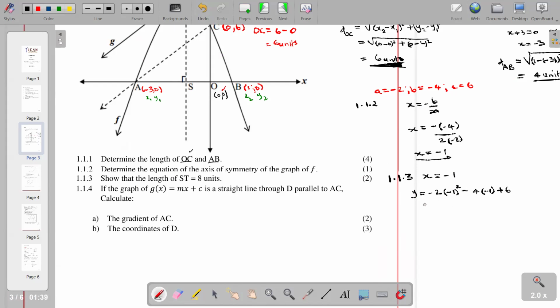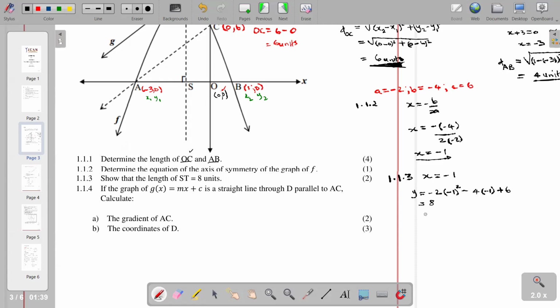Punching that on the calculator, we get y is equal to 8.